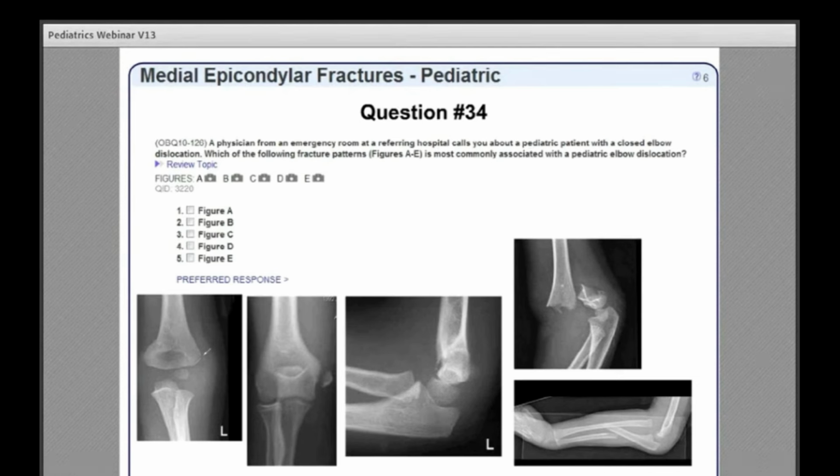The one next to that, moving from left to right, is a displaced type 2 supracondylar humerus fracture, which is an extension type injury there. Above that to the right is a badly displaced type 3 supracondylar humerus fracture. And below that is a Monteggia fracture with a proximal ulnar shaft fracture and an associated anterior radial head dislocation.